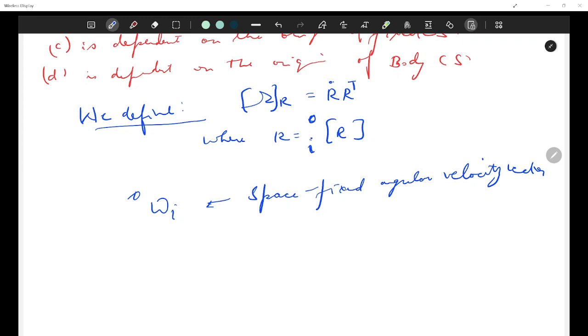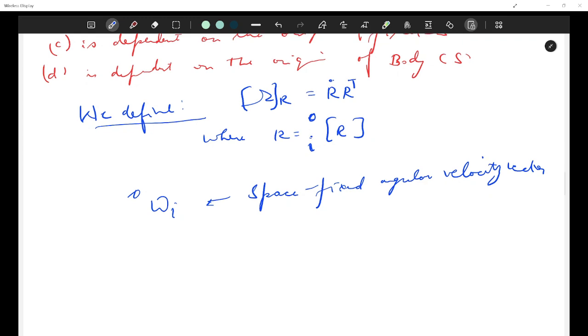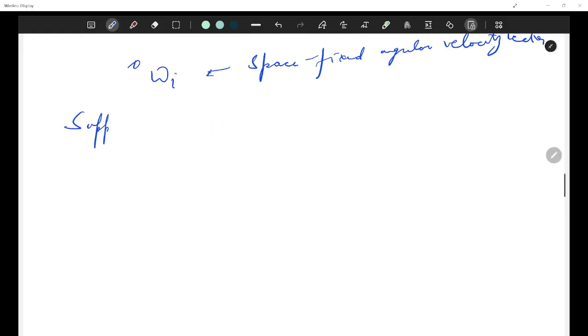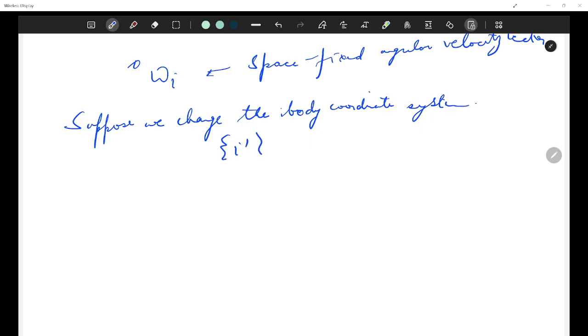Now suppose that we change the body coordinate system. We attach a different coordinate frame, which is I dash. The new rotation matrix R dash differs from the original by a rotation matrix, R dash equals R Q, where Q is a constant rotation matrix and does not depend on time.